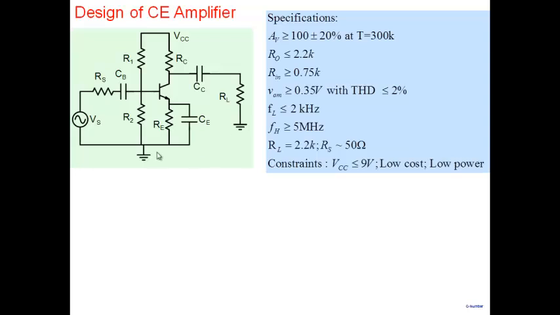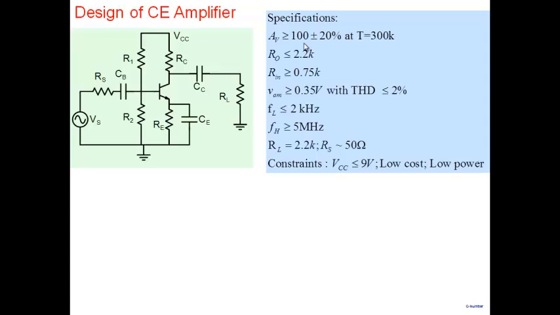Or we could use a dual power supply. There are other ways of designing. So nobody is going to tell you to meet these specs using this particular schematic. So the first task is to find what would be the right topology or schematic which will satisfy these specs here.